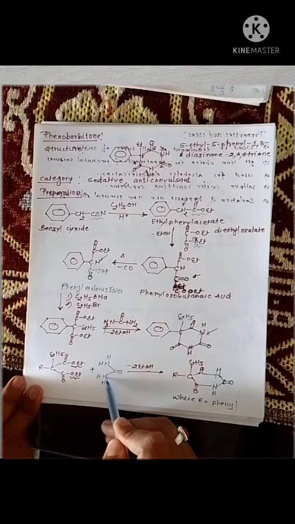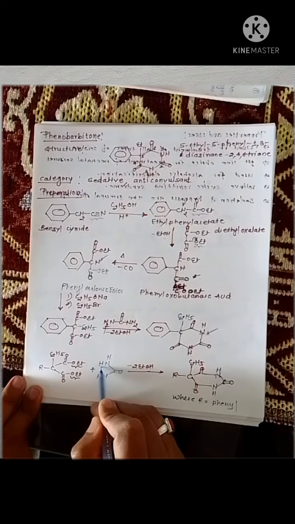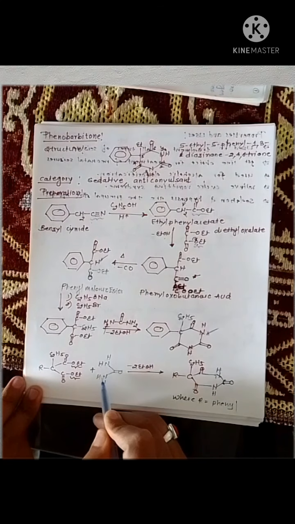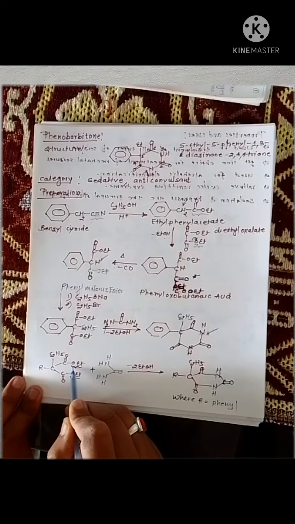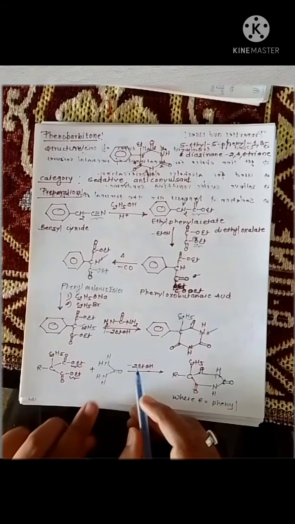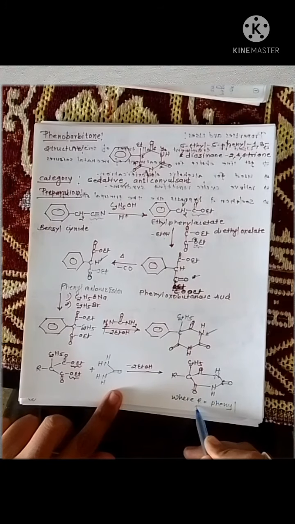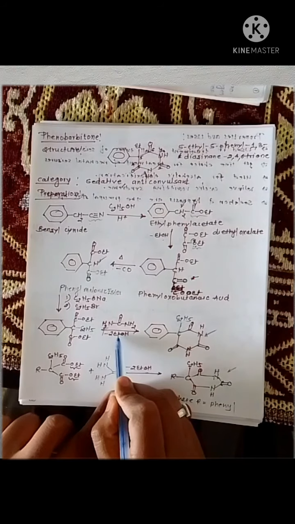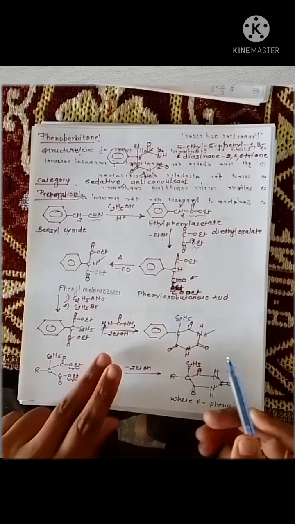When it is reacted with urea, the hydrogen on the NH2 group present on urea gets removed and OEt from this compound gets removed, and these two are joined together. So this is the overall process of this reaction.